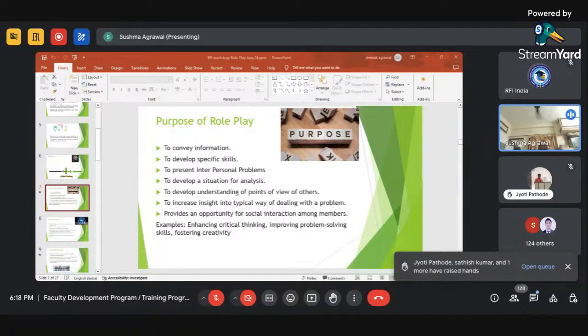It can simply be a stage show, and this type of problem can be overcome. To develop a situation for analysis, as already discussed, there may be a realistic situation or an imaginative situation. So it is a type of simulation based activity where the students can learn. To develop understanding of the points of view of others.